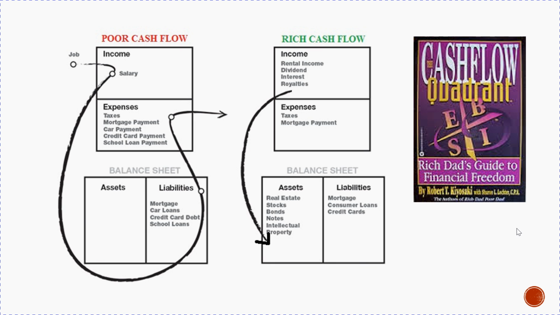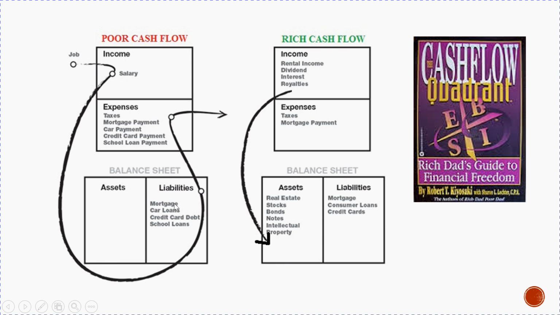Now, taking it a step further to look at cash flow, the way poor people make their cash flow, and this is poor cash flow, is that they have a job, therefore selling time for money. They are taxed and then receive their salary. They tend to have a lot of liabilities, which are things held on the balance sheet.